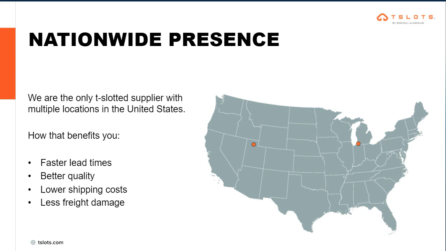And then something that a lot of people don't necessarily think about, but it is something that happens, is this is going to lower that freight damage that you sometimes see. Now, it may not happen all the time, but we all know the farther that you're shipping something, the more likely it is to get damaged.